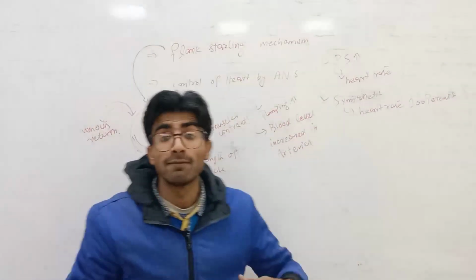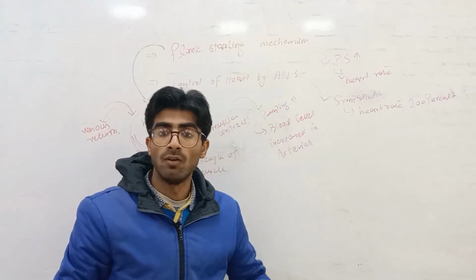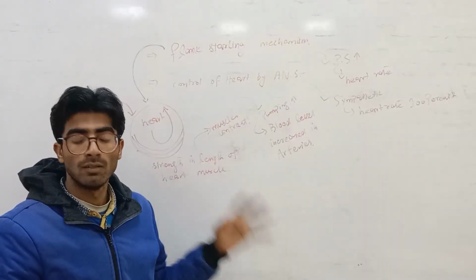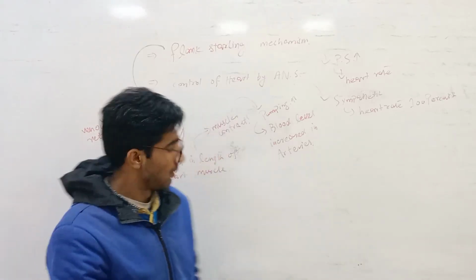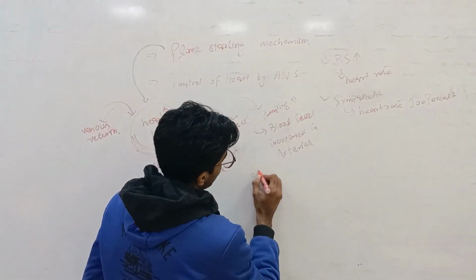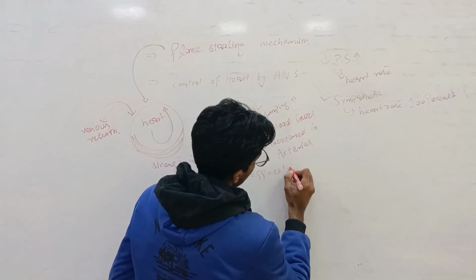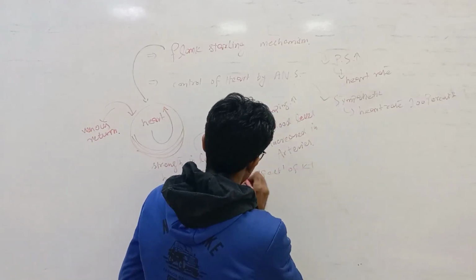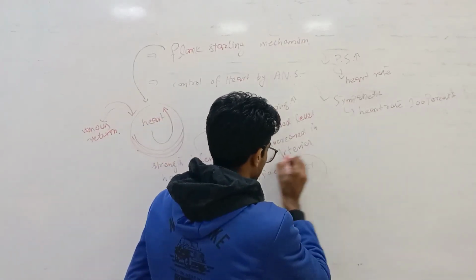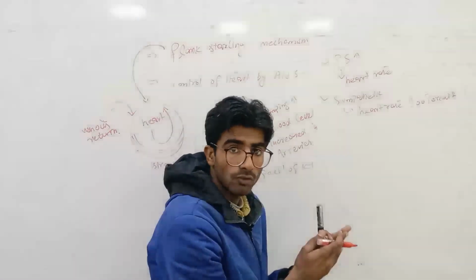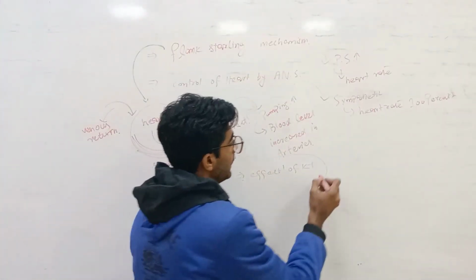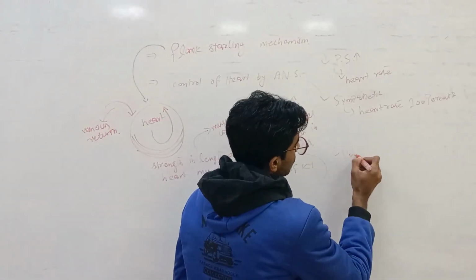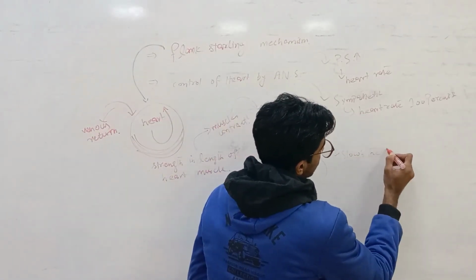Now, what is the effect of ions on the heart? Potassium ion, calcium ion, and what is the effect of temperature? Effect of potassium ions: when the concentration of potassium increases in the extracellular fluid, it slows the heart rate.